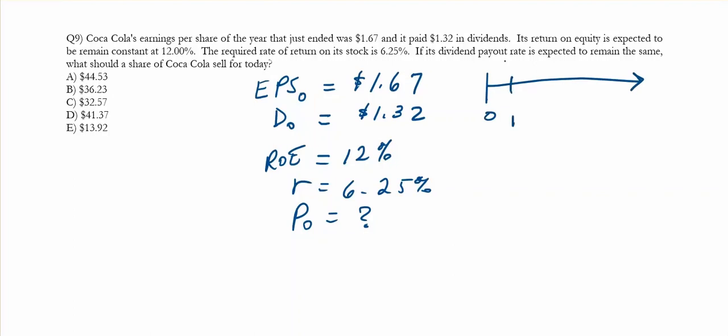But we need to know what the year one dividend is, and we need to know what the growth rate is. We know that the required rate of return is 6.25%.